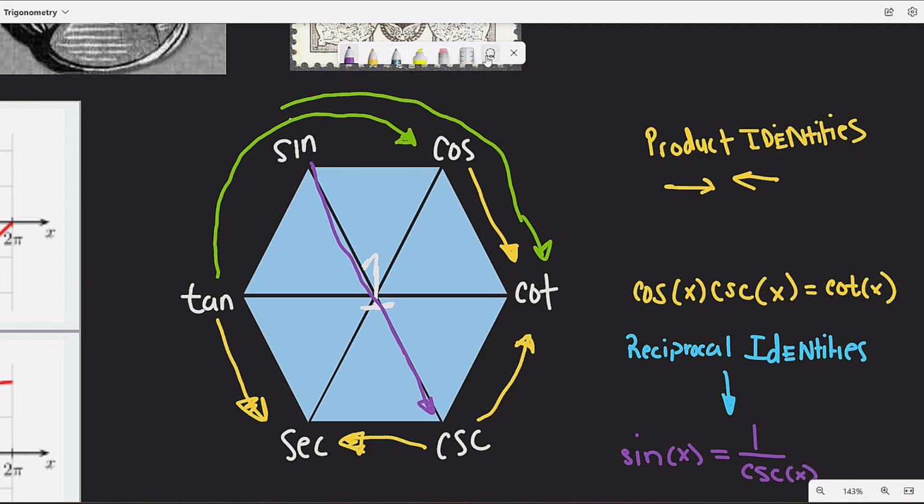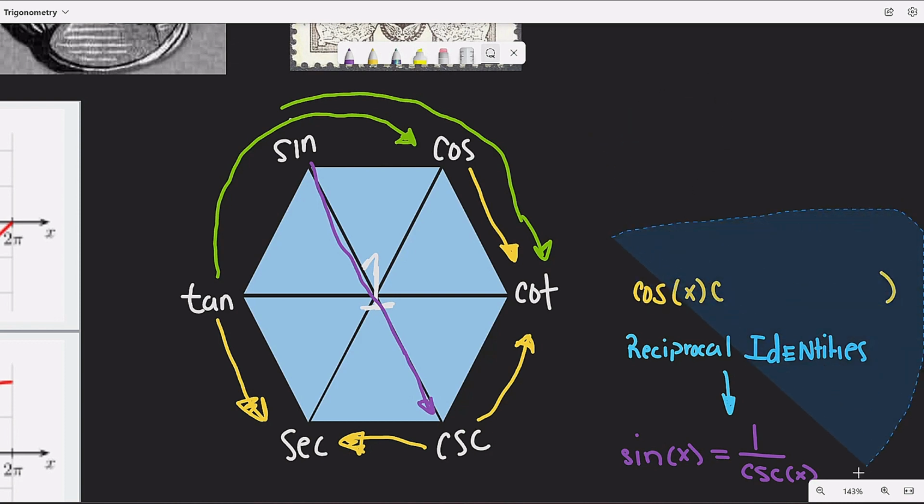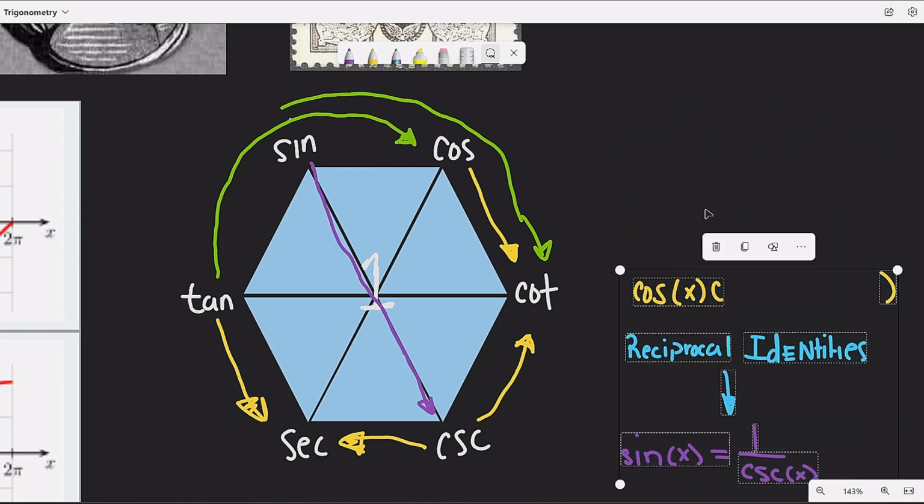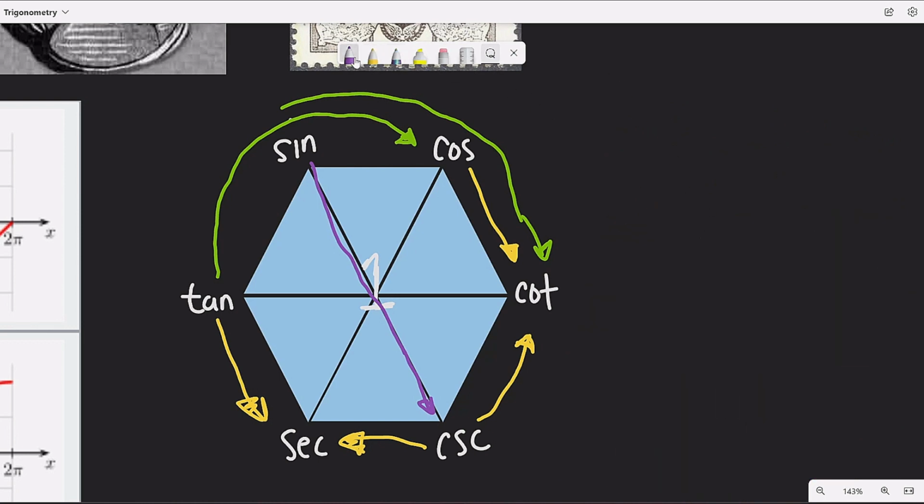And we can do this for everything. Let me make some space again. Where were we? On the reciprocal identities.